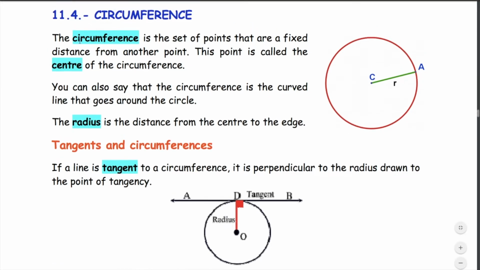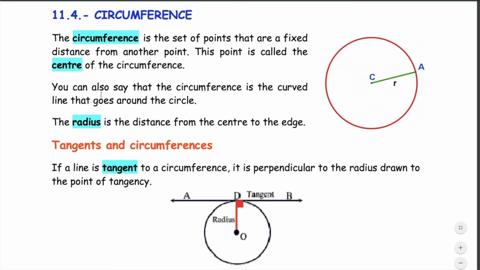Circumference. The circumference is the set of points that are a fixed distance from another point. This point is called the center of the circumference. So this is the center, and this is the set of fixed points that are a fixed distance from the center.